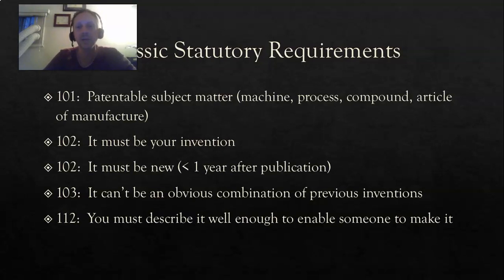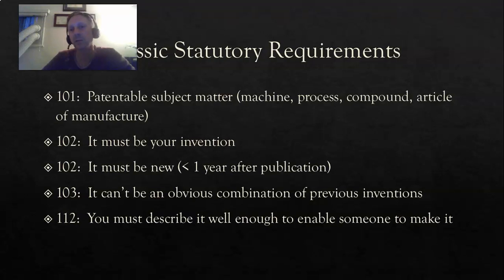We've already discussed that you can't patent something like a novel, because that would be a work of art that would be more appropriate for a copyright. Patentable subject matter includes machines, processes, compounds, and articles of manufacture. A process can include software processes, although those are more difficult to patent for various technical and historical reasons than processes for manufacturing things.